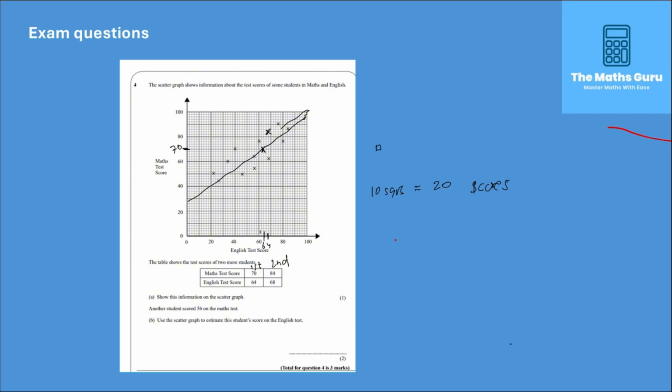Now we can use linear interpolation. So we draw a line going from 56. So 50 is here, count 2, 52, 54, 56 is here. So drawing a line across, we go here.